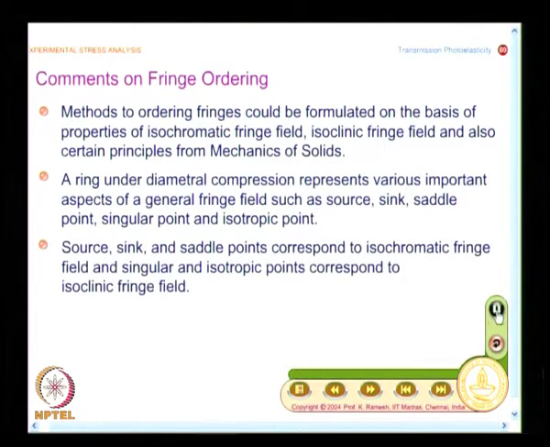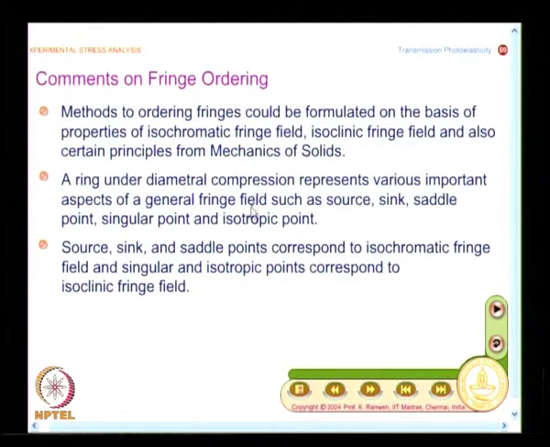And if you look at the problem of a ring under diametral compression, it represents various important aspects of a general fringe field such as source, sink, saddle point, singular point and isotropic point. That is why we want to go for a ring under diametral compression.